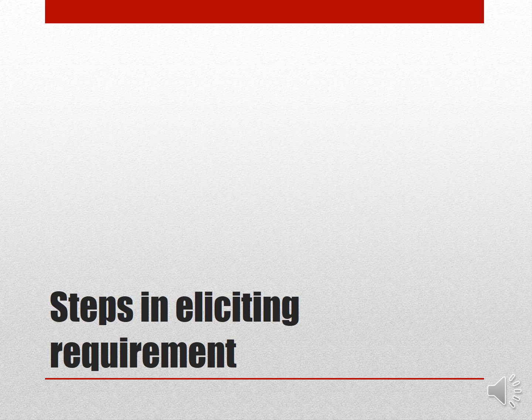Now let us see what the different steps in eliciting requirements are. The first step, which is very important, is requirements gathering. The developers discuss with the client, or the end users or the customer, and learn their expectations from the software, meaning what are the different functional requirements that the customer wants.